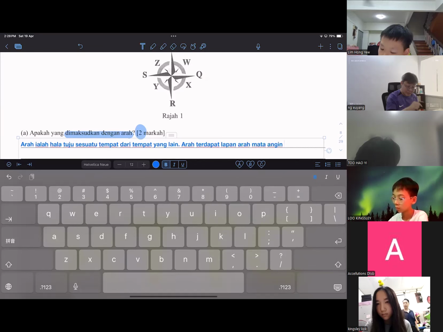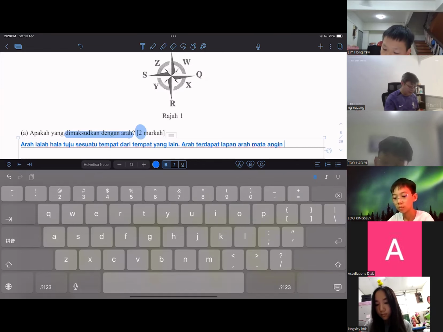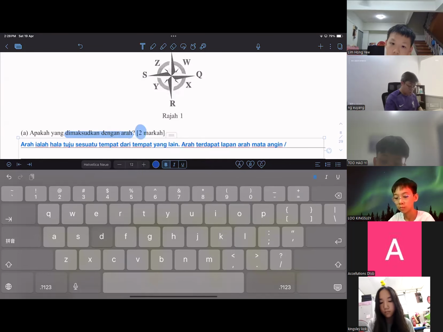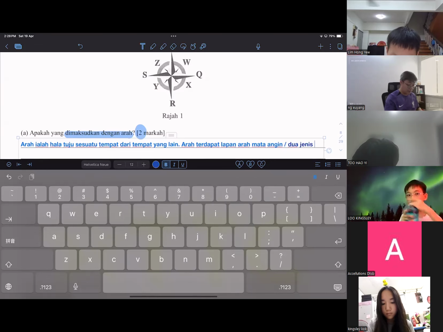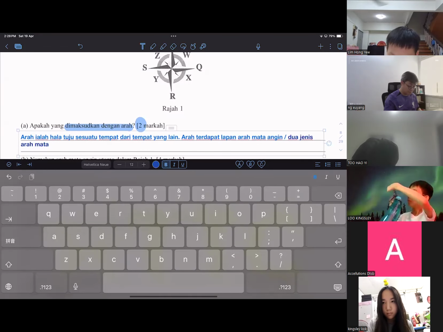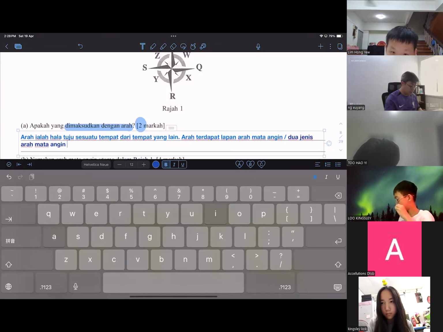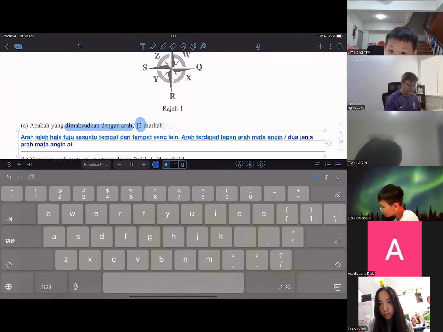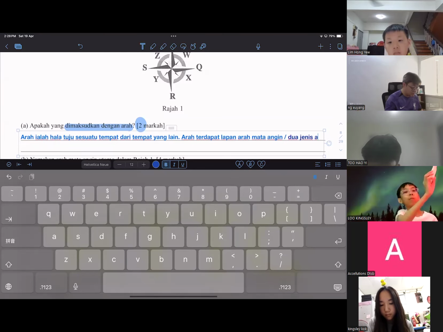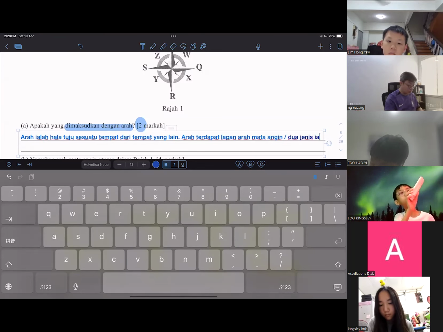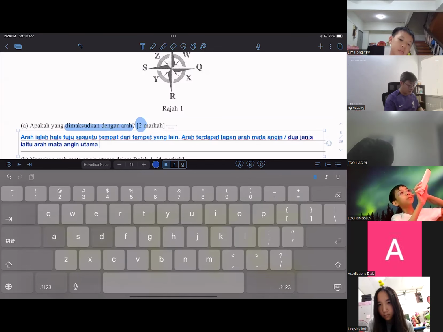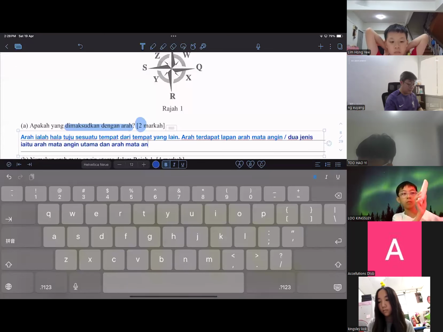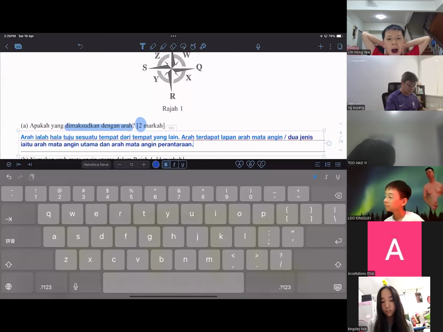So if you want to use 8 arah mata angin, then you can use terdapat 2 jenis arah mata angin, yaitu terdapat 2 jenis, yaitu arah mata angin utama, which is your north, east, south, west, dan arah mata angin perantaraan.